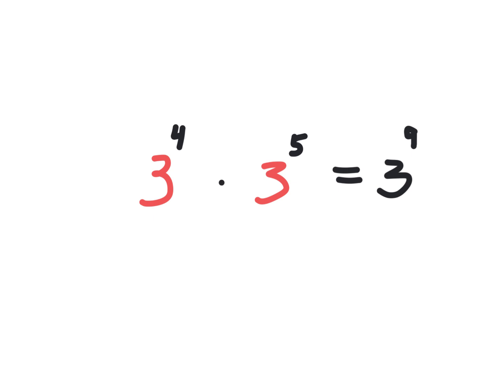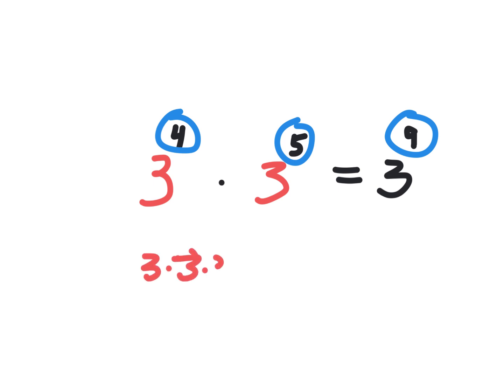Well, you don't have to because you've already got that covered with all of its powers here. So another way to say it is, this is 3 times 3 times 3 times 3, and the 3 to the 5th is like 3 times 3 times 3 times 3 times 3, and it's a times in between. So I did multiply the 3's together. I just did it with the power. See?